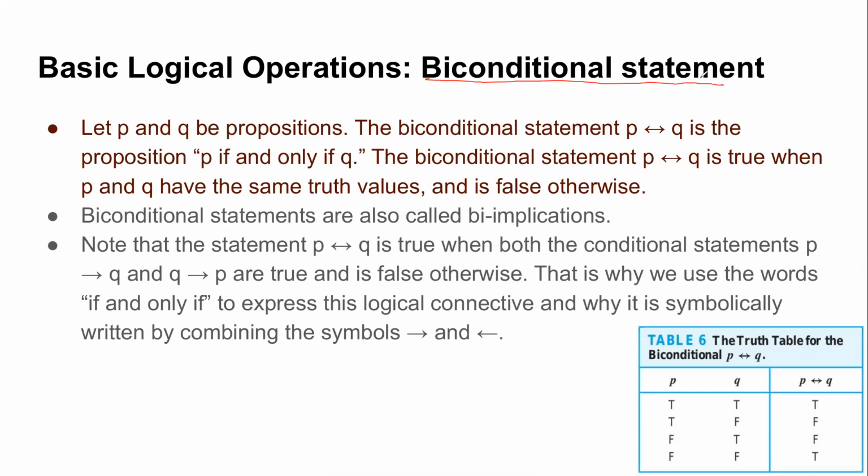Okay, so let us see what it means. If you have two propositions P and Q, the biconditional is first of all represented by a double-headed arrow.